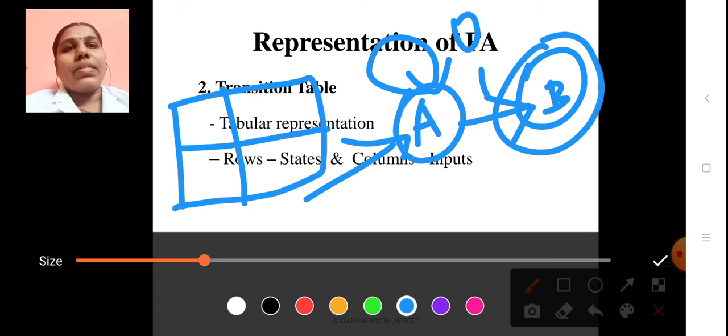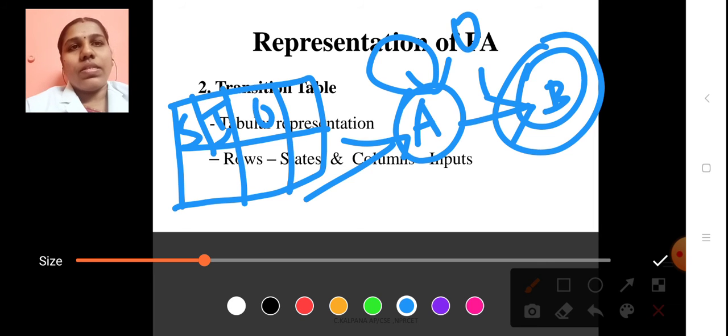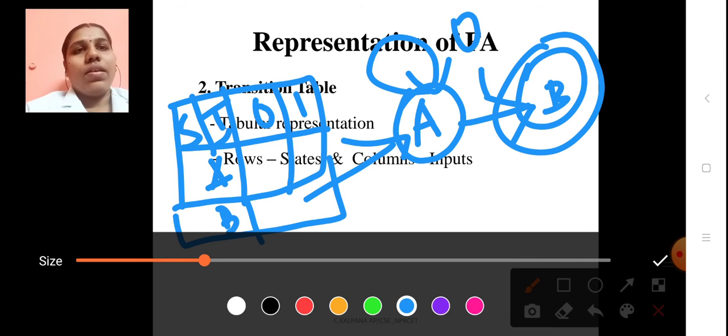Rows represent states and columns represent inputs. Here the number of inputs is 2. First one is 0 and 1, and there are 2 rows. The first row is A, the second row is B. That is, it has 2 states and 2 inputs.